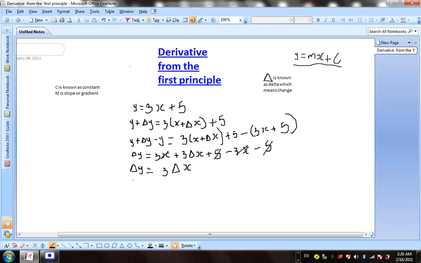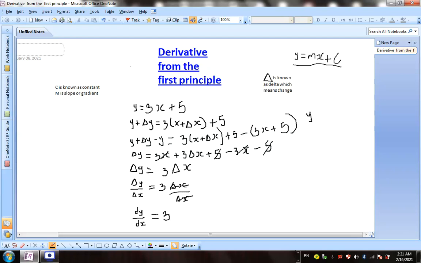Divide both sides by dx. So you have dy/dx is equal to 3dx over dx. dx cancels, so we are left with dy/dx is equal to 3.